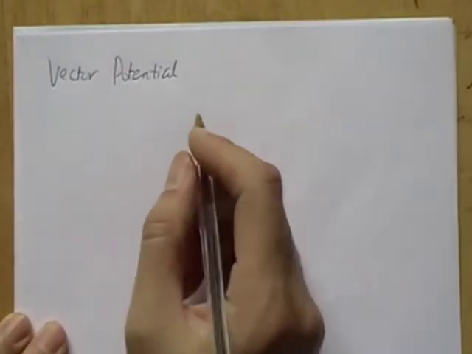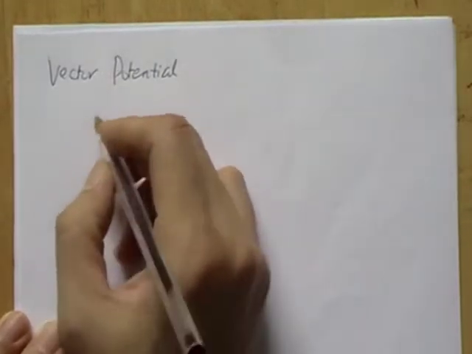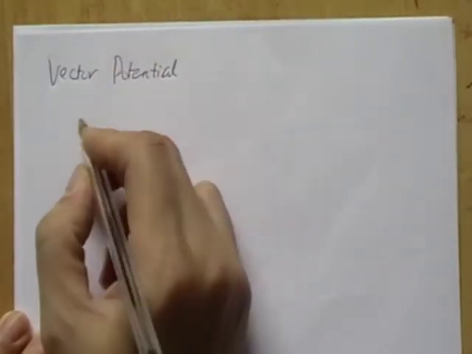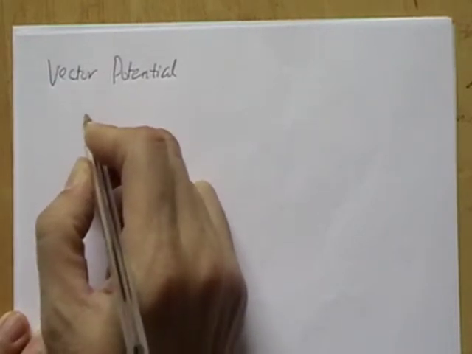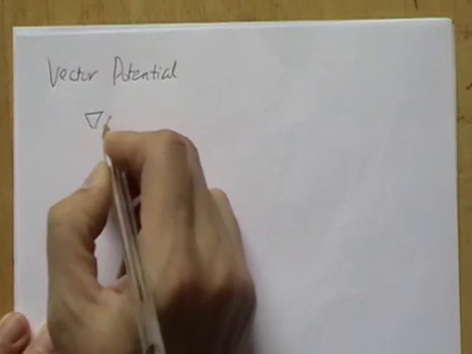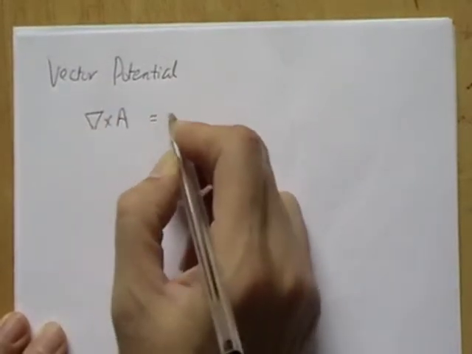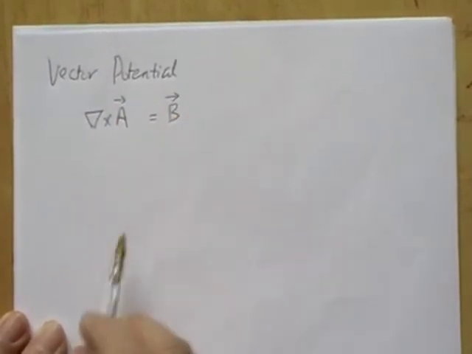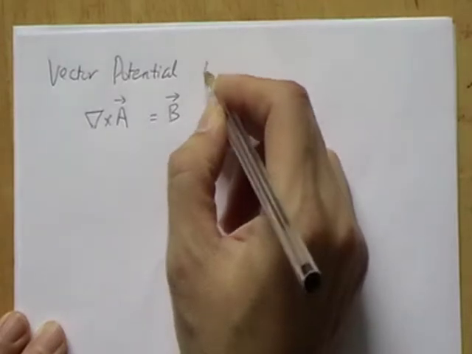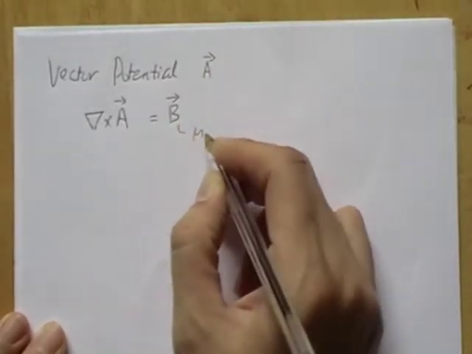The definition of the vector potential is usually given as the curl of A equals B, where A is the vector potential and B is the magnetic field.